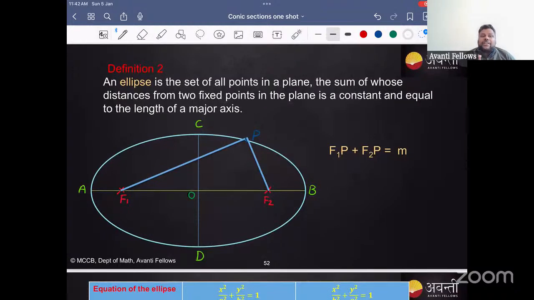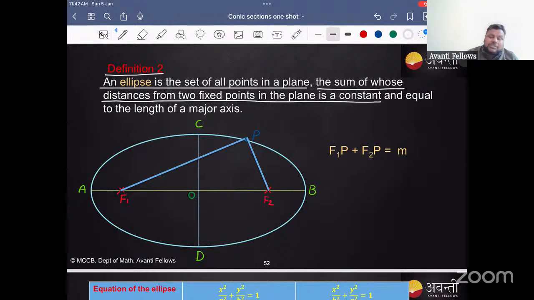Now, a very important definition of the ellipse. Definition 2. An ellipse is the set of all the points in a plane, the sum of whose distances from two fixed points in the plane is a constant. I repeat, the sum of whose distances from two fixed points is always constant, and this constant is equal to the length of the major axis.